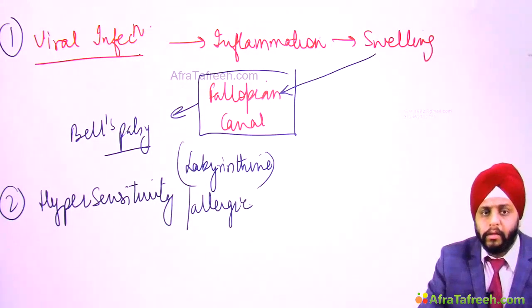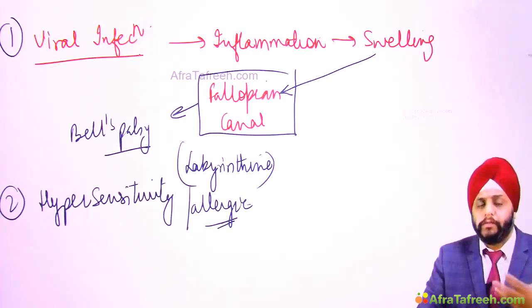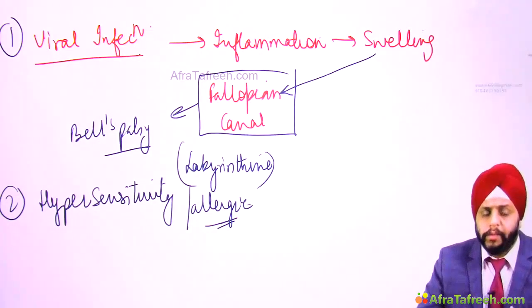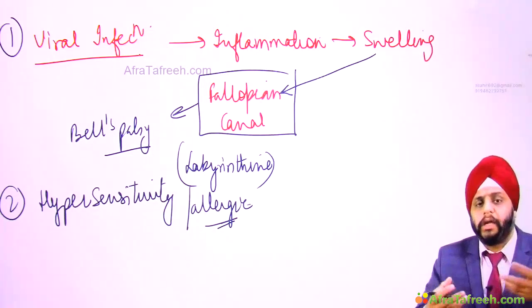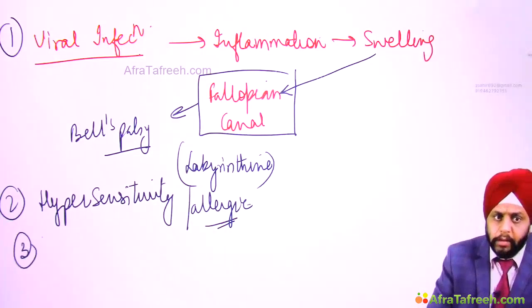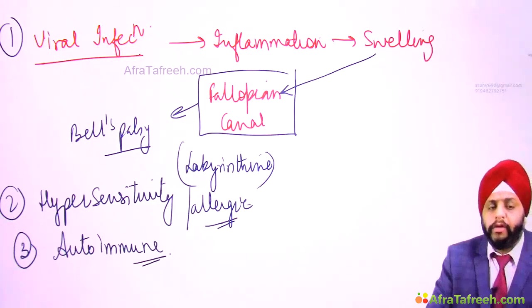It says that the antibodies which are produced cause a hypersensitivity or allergic reaction inside the facial nerve. Number three is the autoimmune theory. That means the antibodies attack the facial nerve.